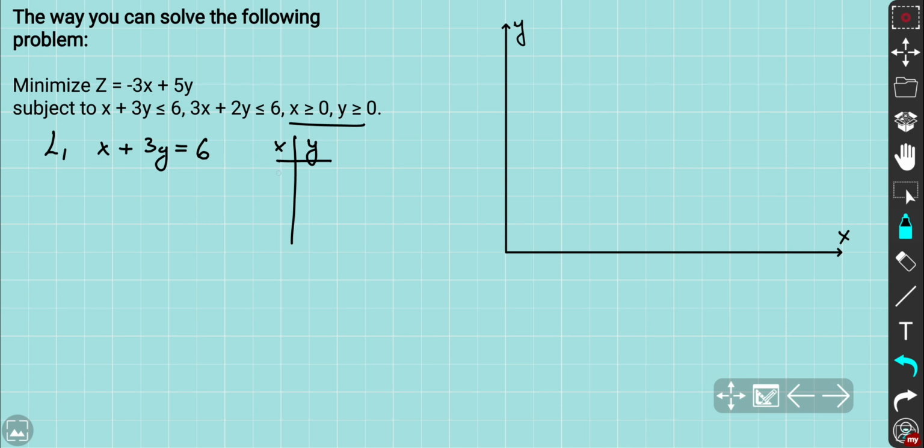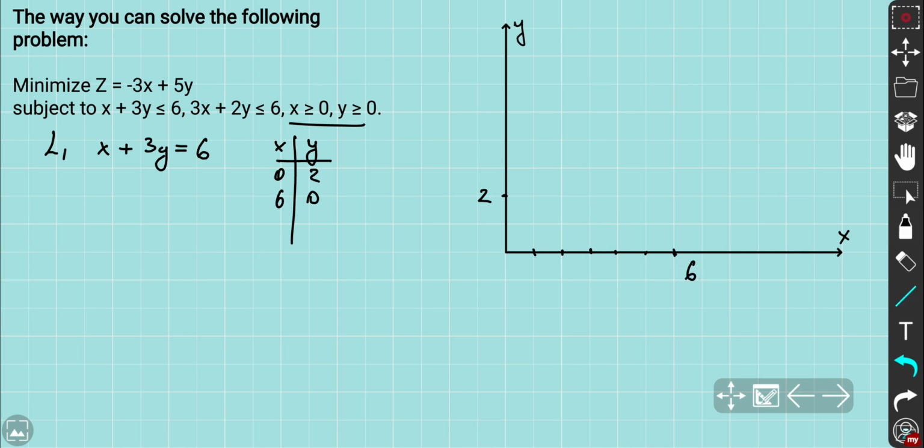If x is 0, y equals 2, and vice versa, if y is 0, x is 6. We've got 2 points, 0 and 2, and 6 and 0. So 1, 2, 3, 4, 5, 6, it's right there.